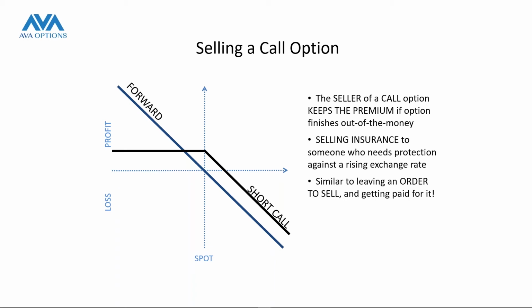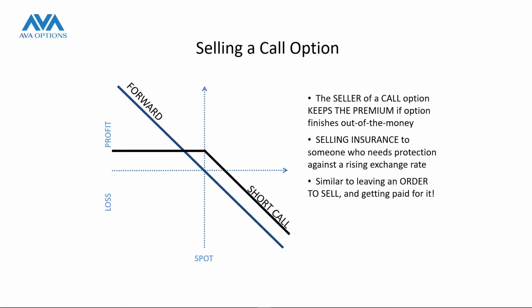So if you have the view that this asset, let's say it's euro-dollar, is not going to go higher, you can sell a call option and get paid premium up front, just like an insurance company does. And if you're right and the market does not go higher, you get to keep that money. You earn that just like income. That's selling options, and that's something you cannot replicate in the spot trading market, in the regular FX or CFD market.